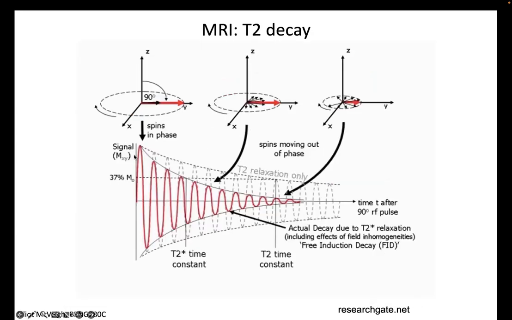The T2, this is called T2 decay, is usually much faster. There are some materials in which the two constants are roughly similar, like absolutely clean, pure water. You'll have a very long T2 decay. But in biological tissues, the T2 decay is usually pretty short.